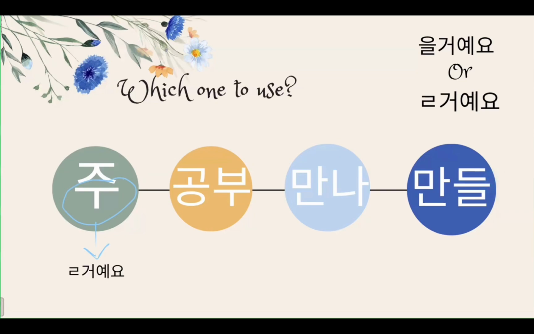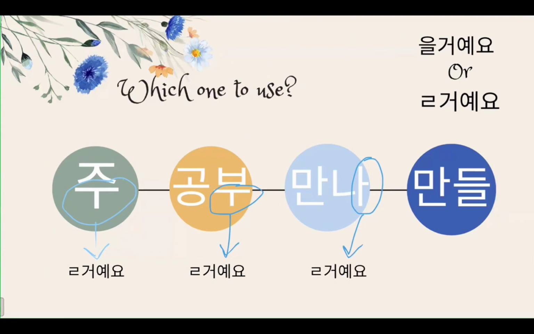For our second word, we have 강부, and it ends with the u, which means that it would be a vowel, so it would also be given the 릴 거예요. For our next one, we have the word meaning 만나, and it ends with 하, which is a vowel, so it would also get the 릴 거예요.